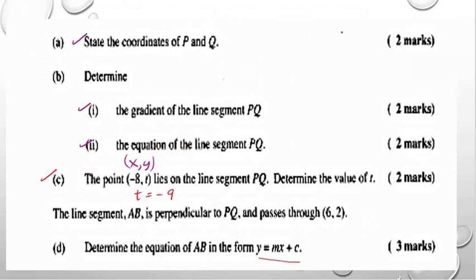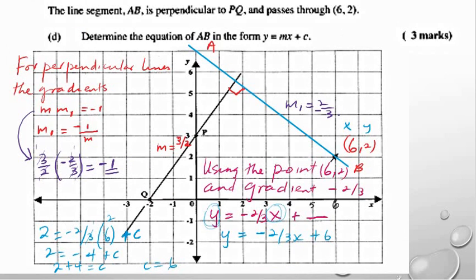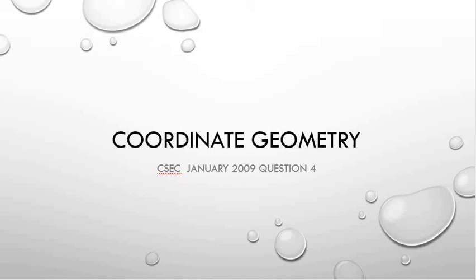So coming back here, determine the equation of AB in the form y equals mx plus c. y is equal to negative 2/3 of x plus 6. And that is the answer for the 2009 question 4.